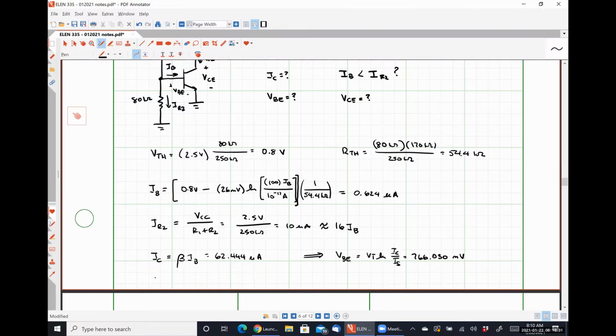And lastly, I can sneak it in here, VCE is going to be VCC minus RC IC, and if we put in our numbers there, we would get 2.188 volts. Since VCE is significantly larger than VBE, we are biased well into the forward active region.